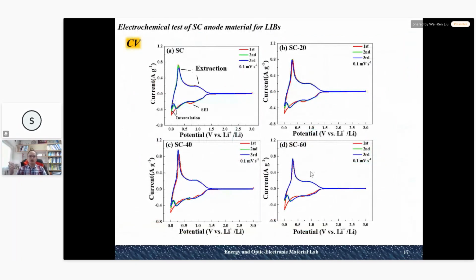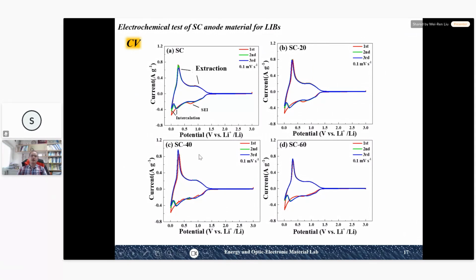We use cyclic voltammogram to see the first 3 cycles of pristine soft carbon and 20, 40, and 16 times. You can see with increasing plasma treatment times, for 40 times, the current density increases a lot.